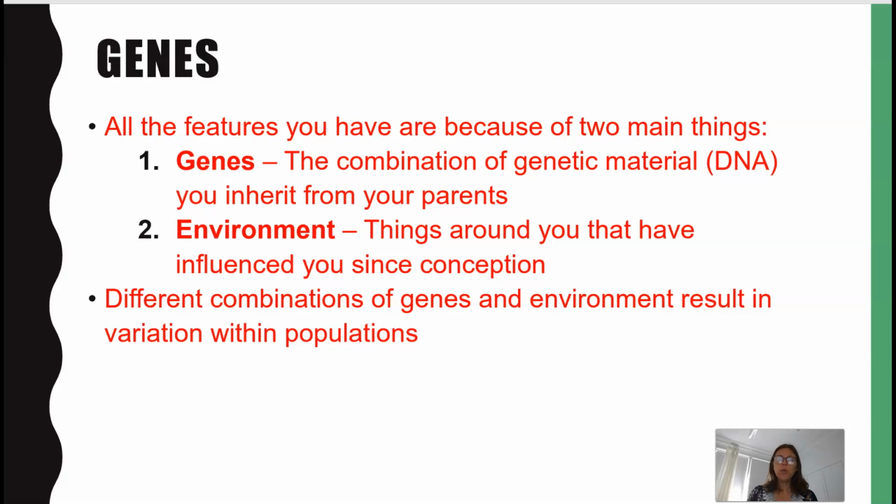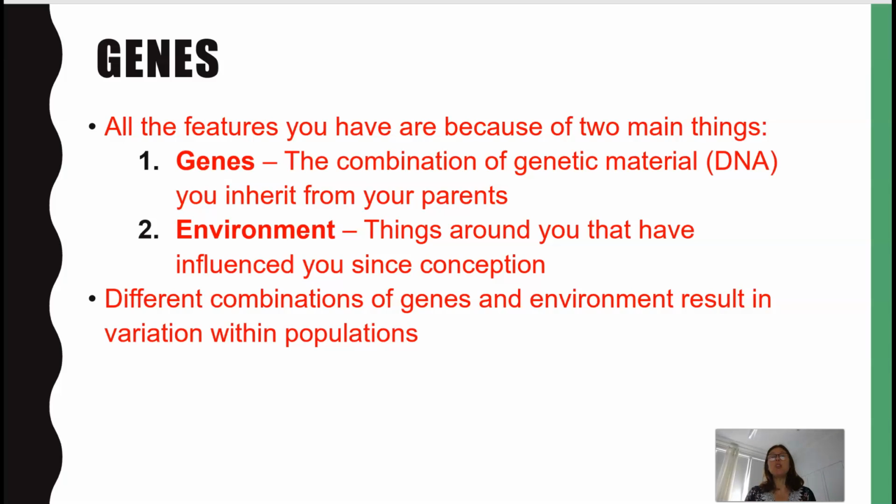All our features are because of two main things. The genes that you have inherited from your parents play an important role, obviously, but the environment that you're raised in since conception also has just as much of an influence. Different combinations of the genes and the environment that you grow up in can change how you are.